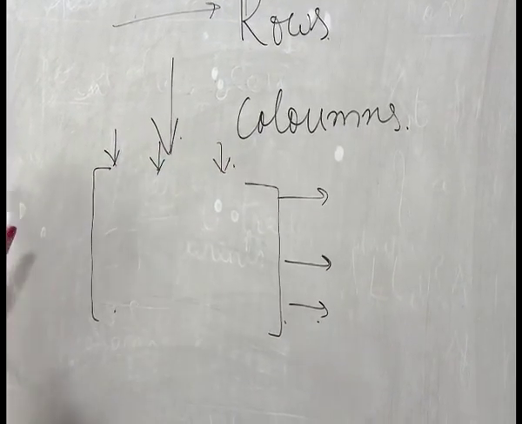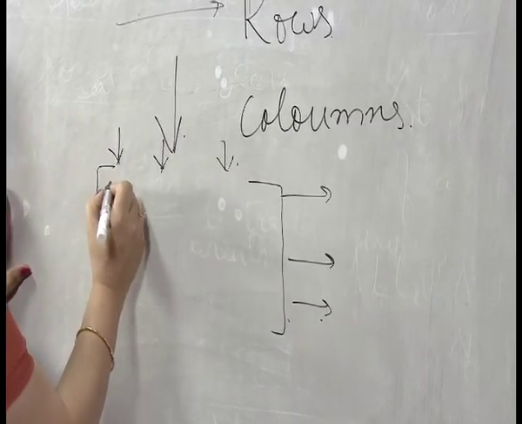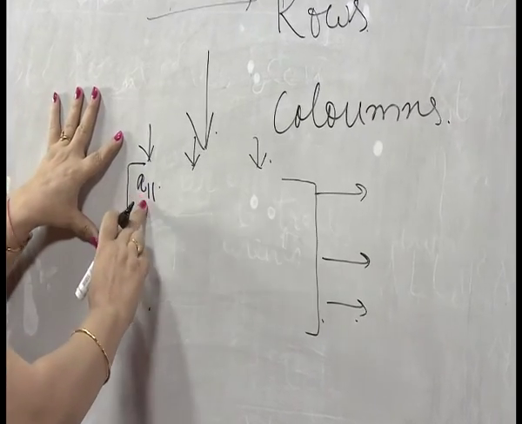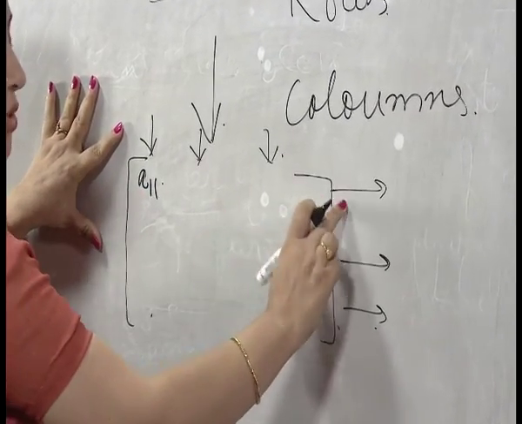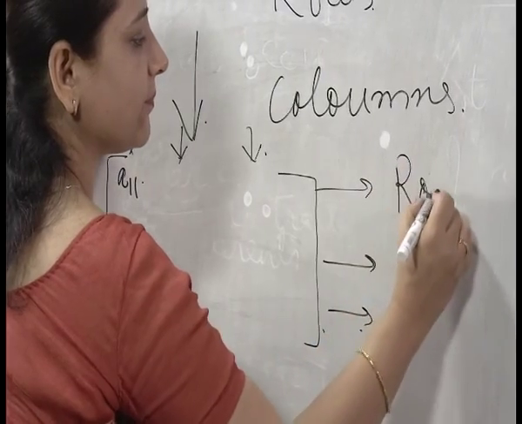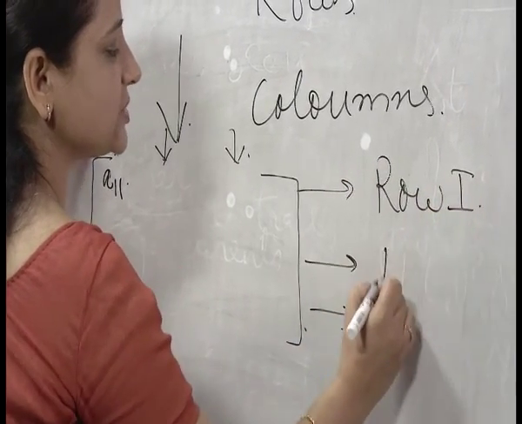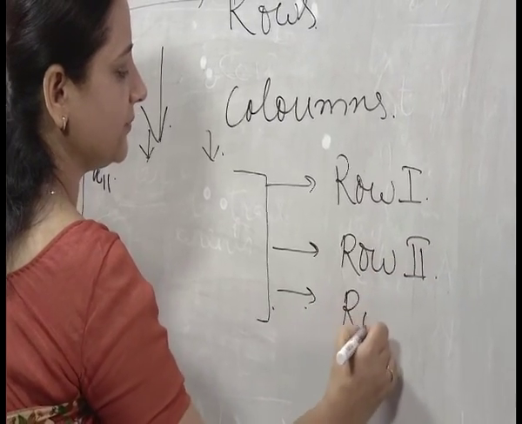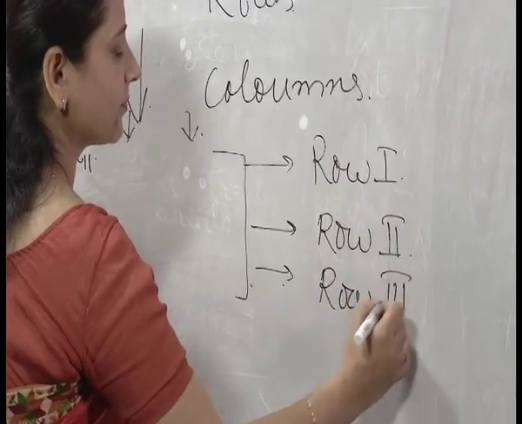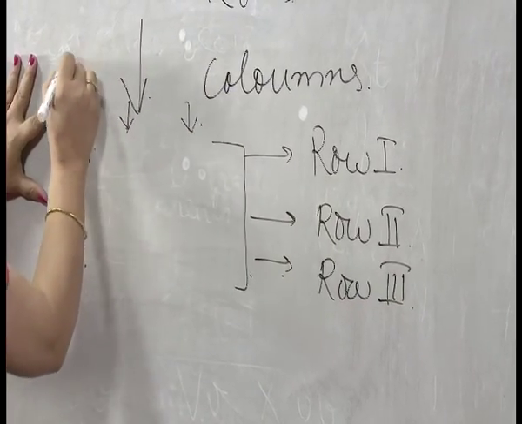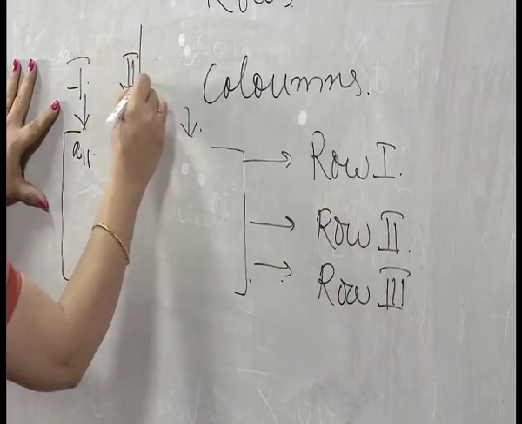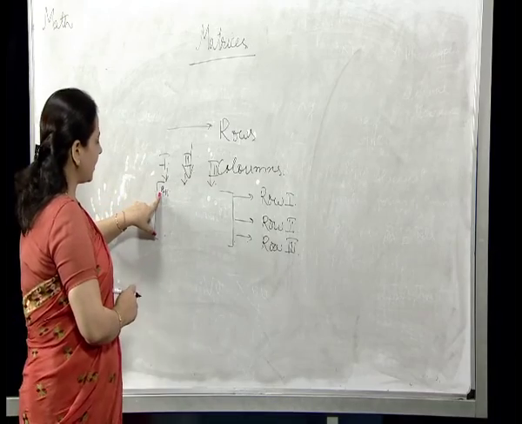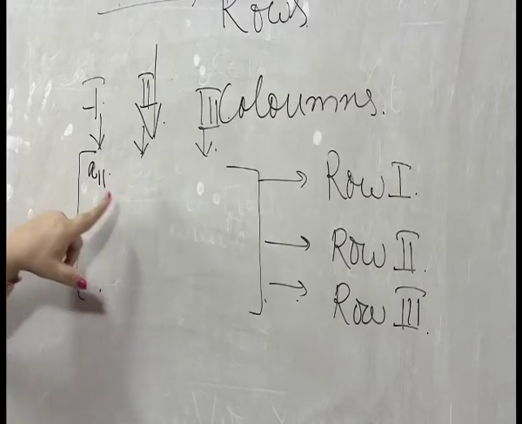When we write the elements, if I write the first element, which row does it lie in? This is row 1, this is row 2 and this is row 3. Similarly, this is the first column, second column and third column. I will write the element here as A11.